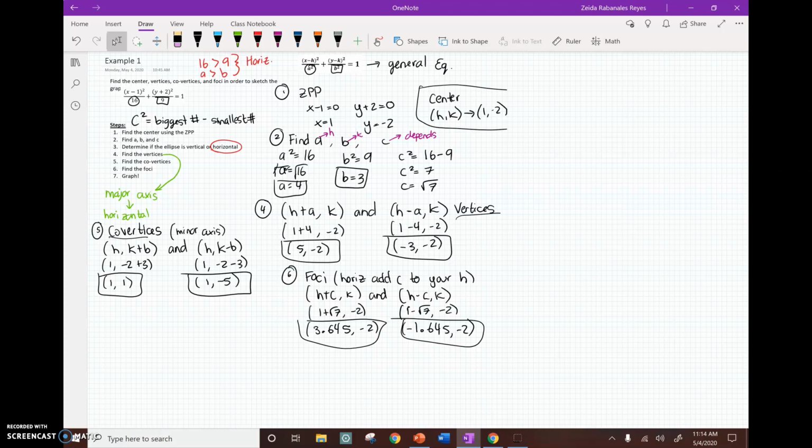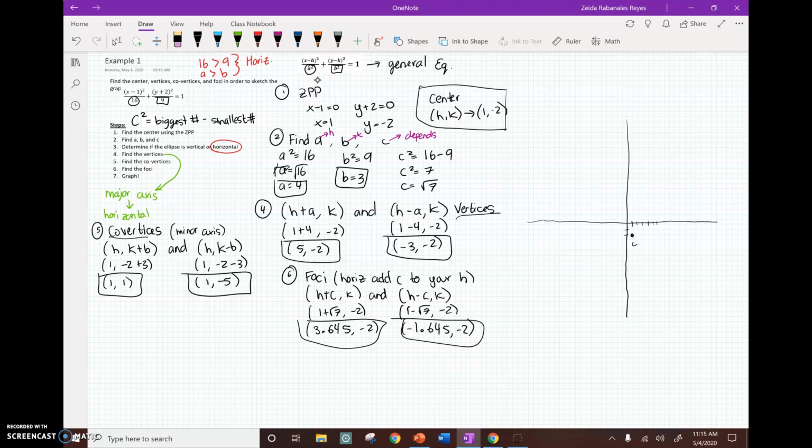Try to make it as best a line as possible. It doesn't have to be perfect. I start with the center, 1 comma negative 2. That's the center. And then you can graph your vertices. That's 5 comma negative 2. 1, 2, 3, 4, 5.